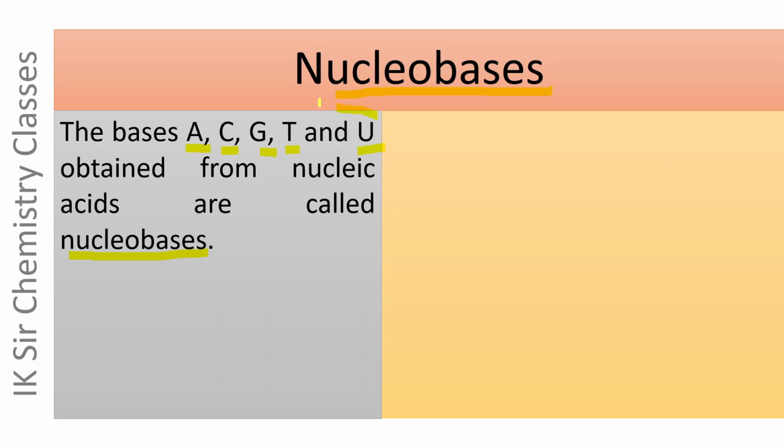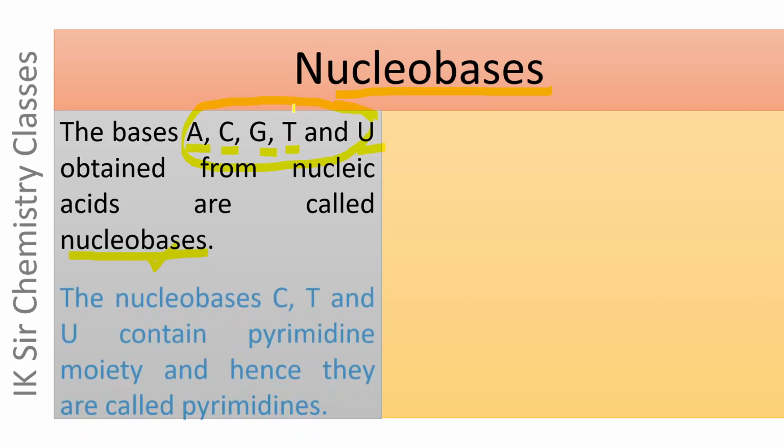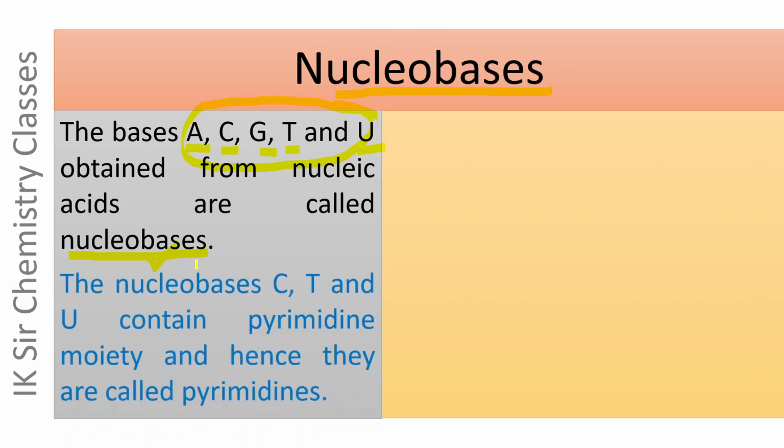These five bases are obtained by the hydrolysis of nucleic acids, and hence these are called nucleobases. Out of these five nucleobases, cytosine, thymine, and uracil contain pyrimidine moiety, and hence they are called pyrimidines.